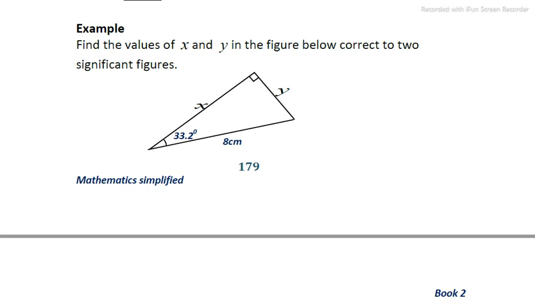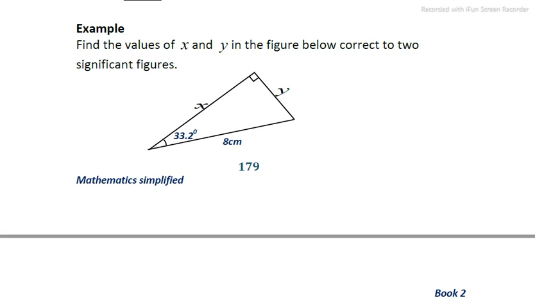We are given one of the angles, that is 33.2 degrees, and if we consider this angle, you realize that x is the adjacent and y is the opposite. Then 8 is probably the hypotenuse. So we are supposed to find x and y, but we must know what connects these unknowns to the known ones.